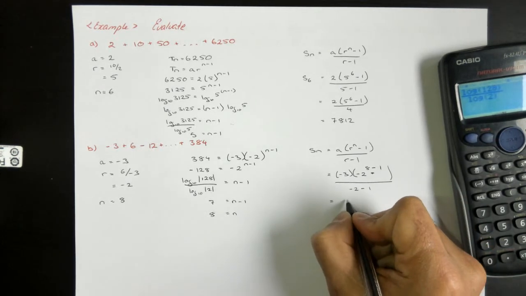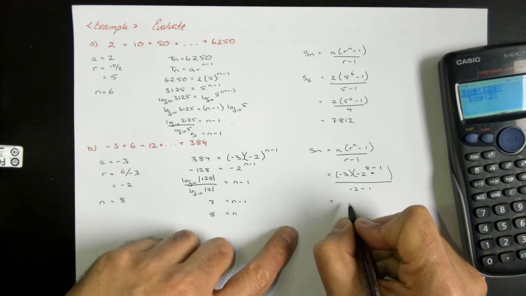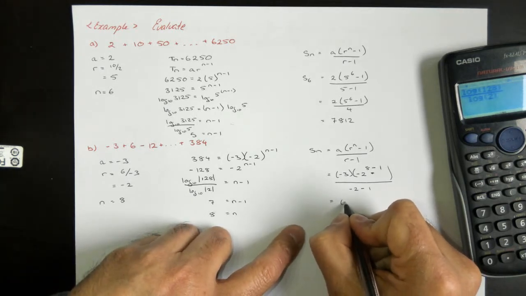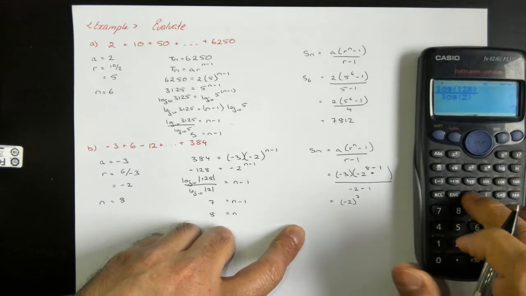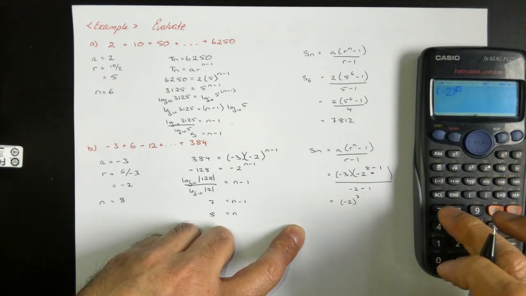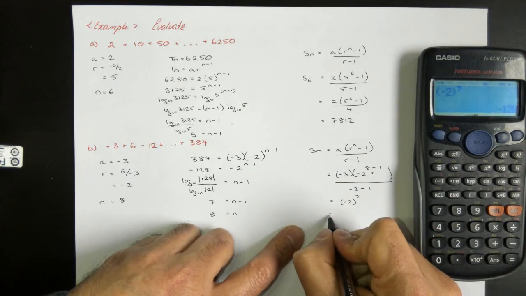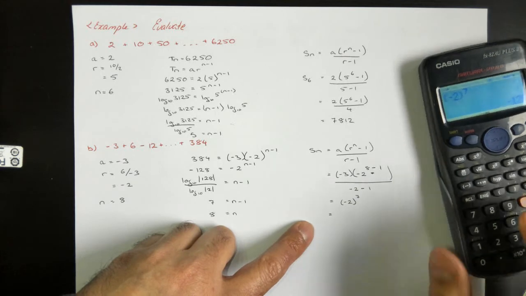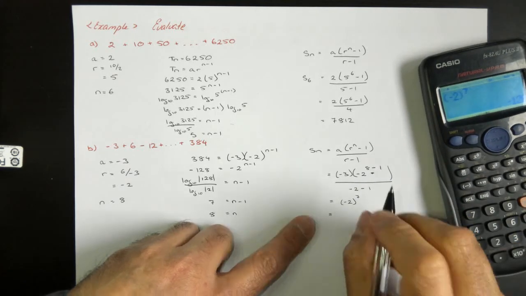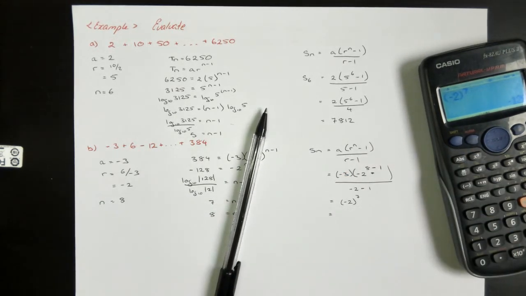Really it's going to be negative 2 to the power of 7. Oh no, sorry, just going to fix this a little bit.